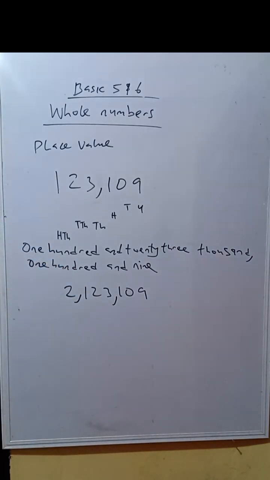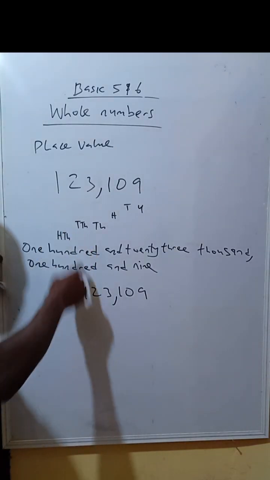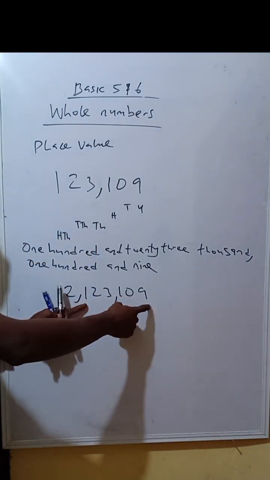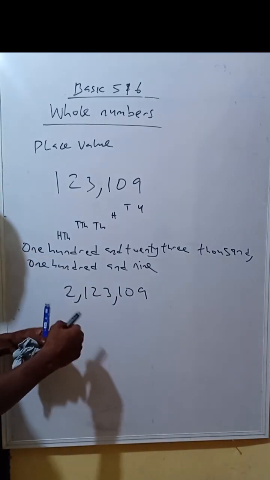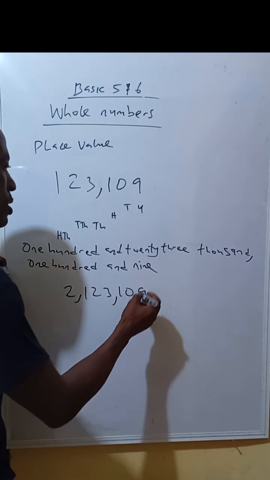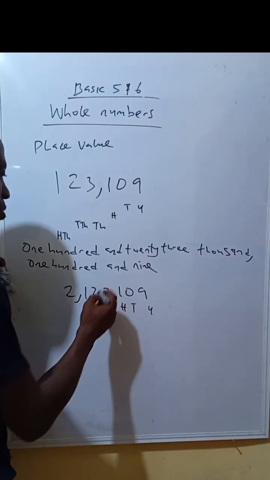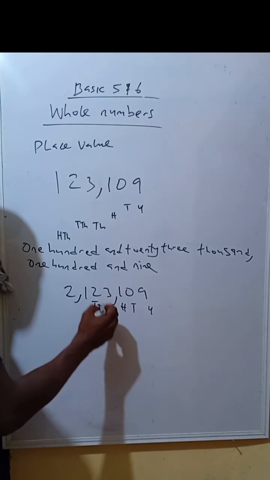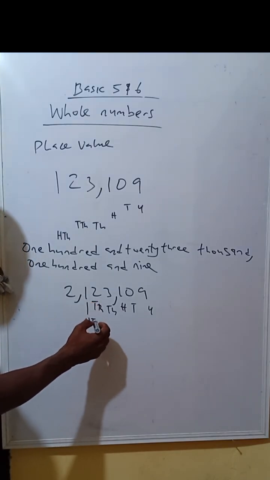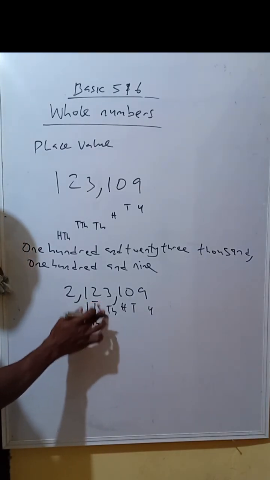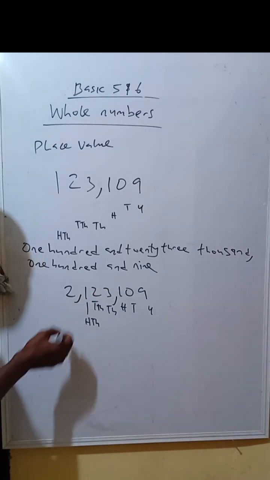Looking at this, we stopped here, hundred of thousand. Units, tens, hundred, thousand, 10,000, hundred of thousand.